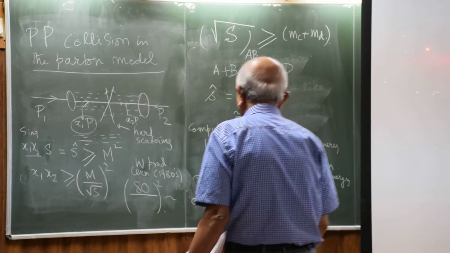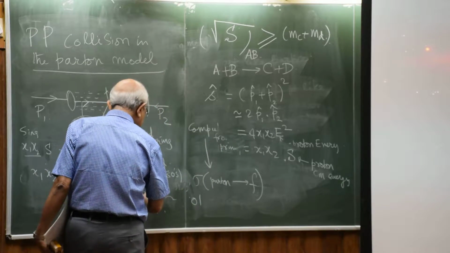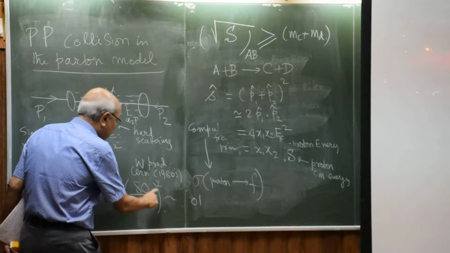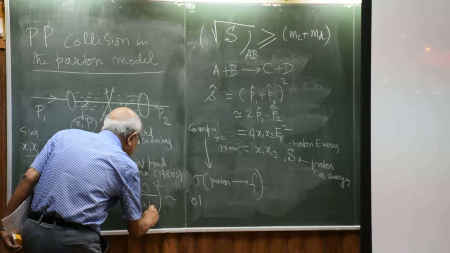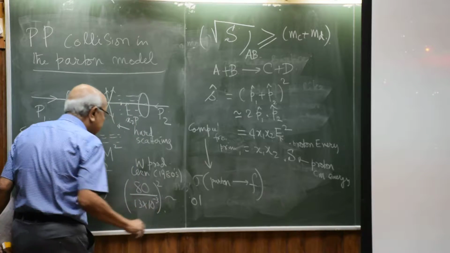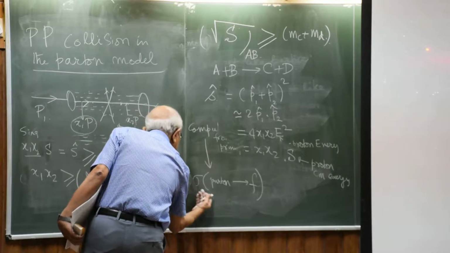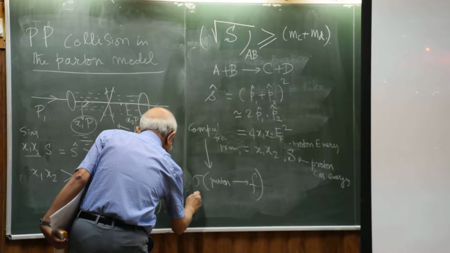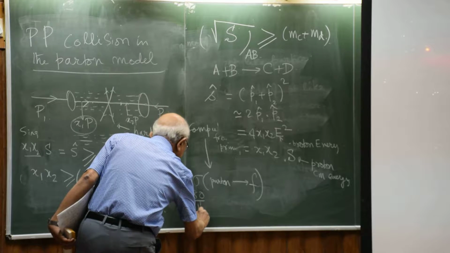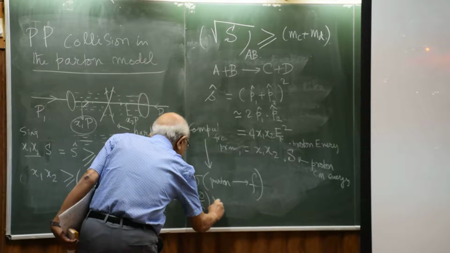That means, with W in GeV, this is 13 times 10 to the 3, and this is then 80 by 13,000, which is of the order of 10 to the minus 2.